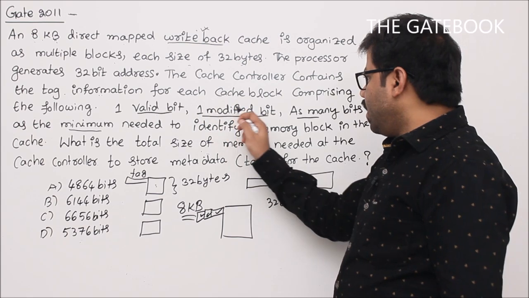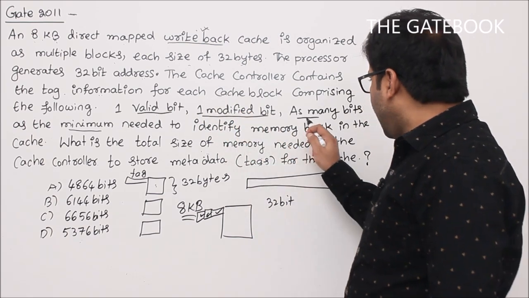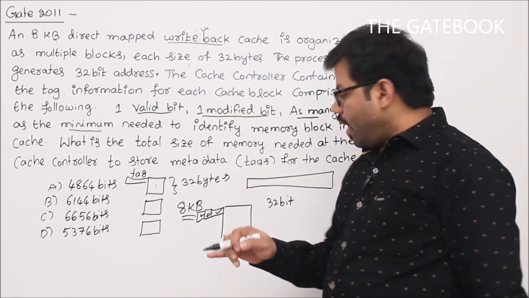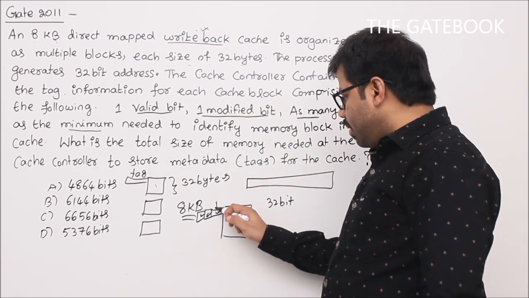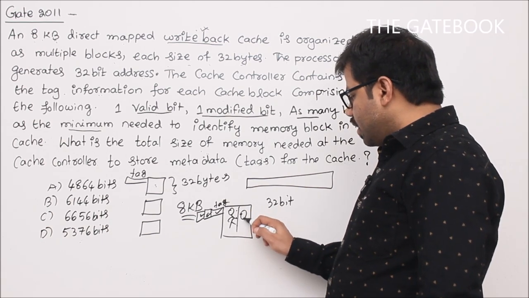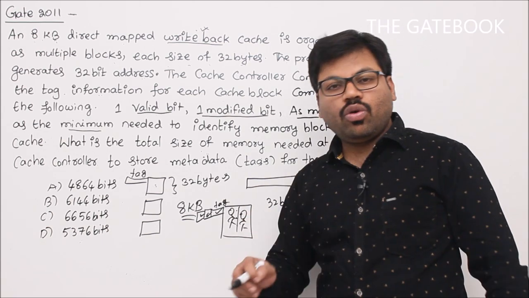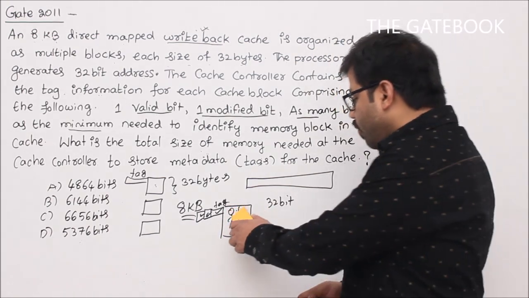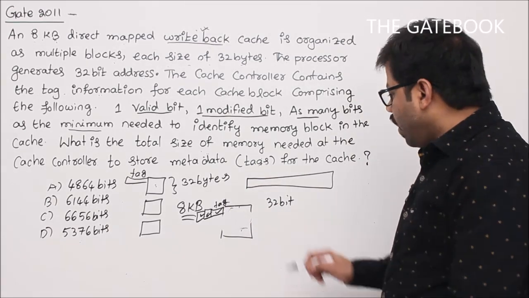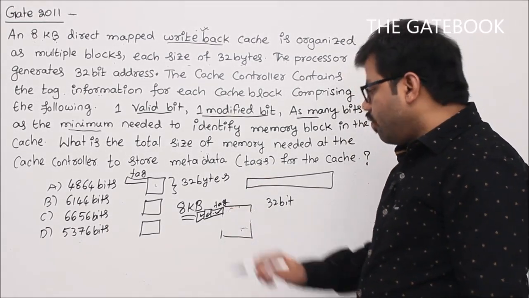But he added as many bits as the minimum needed to identify the memory block. We know that to identify the right memory block we need tag bits, correct? Because multiple candidates are going to be present in this cache block. We don't know who is currently residing. To differentiate them, we use tag bits, correct? So finally, we have to find out the number of tag bits also.